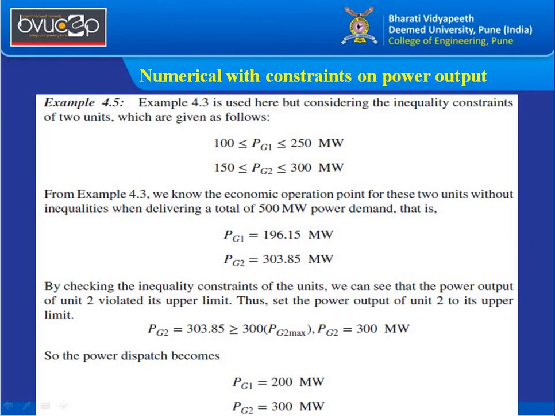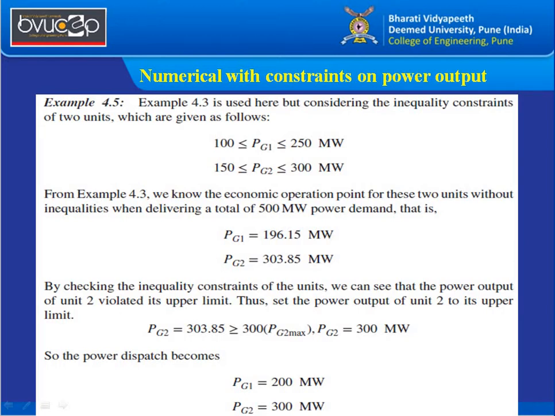Now for a change, let us consider there are certain constraints in the generating units. We have already discussed that if the limits or the constraints are getting violated, then we have to achieve the minimum demand so as to have the power flow balance between the two generating units.